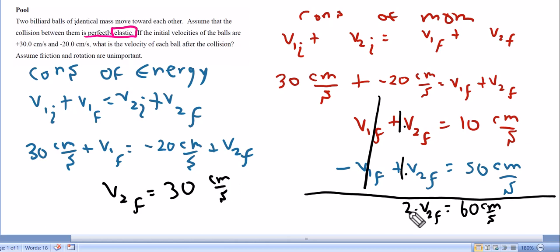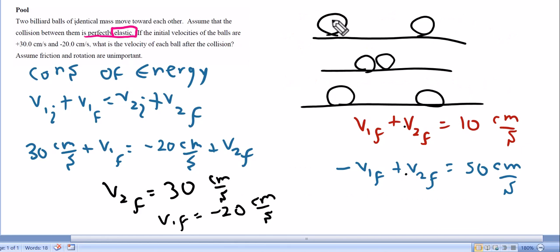Now, if I plug that back in to either of these equations, I get that V1 final is negative 20 centimeters per second. Remember how this was a positive 30 and this was a negative 20 before the collision, and then during the collision they bumped and pretty much switched the arrows around.